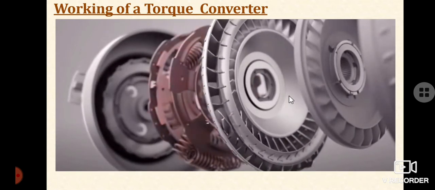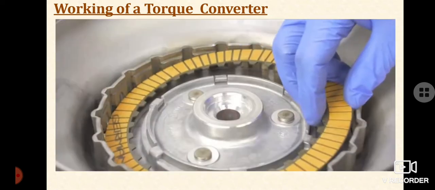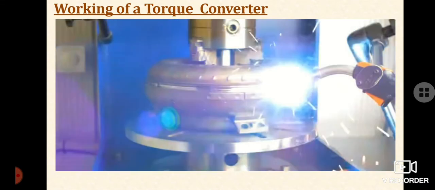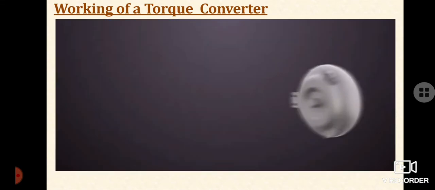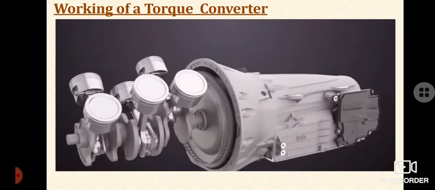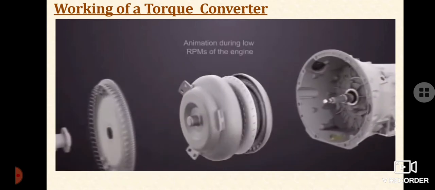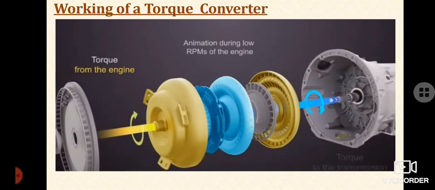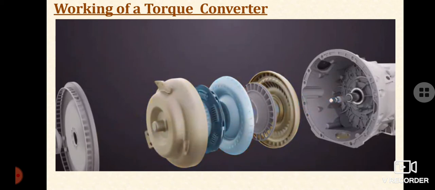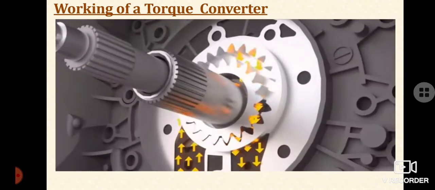For understanding the working principle of the torque converter, let's take two fans. One fan is connected to the power source and the other is not. When the first fan connected to the power source starts moving, the air from it flows to the second fan, which is stationary.